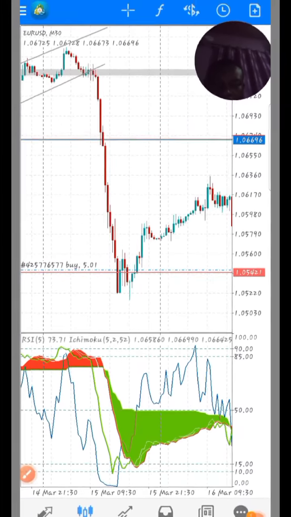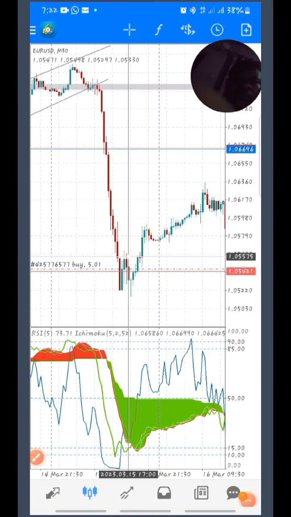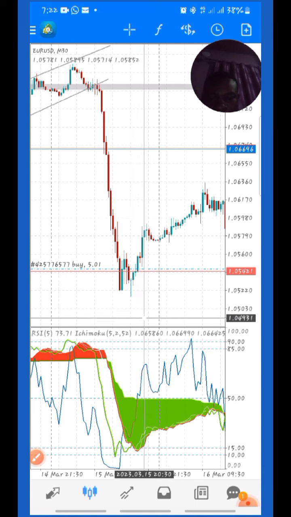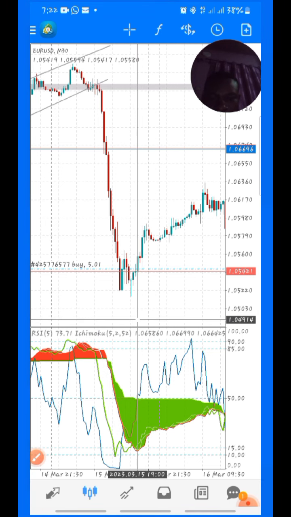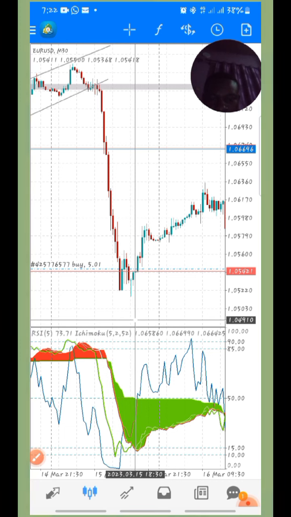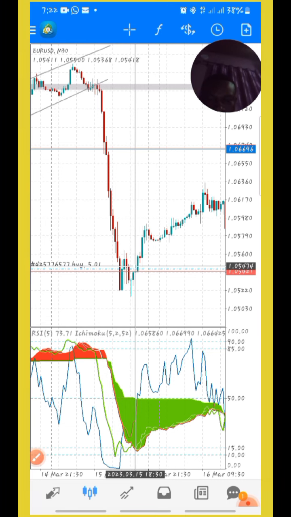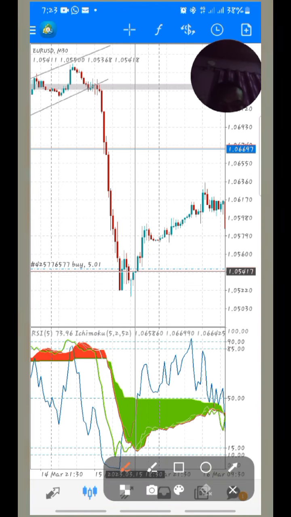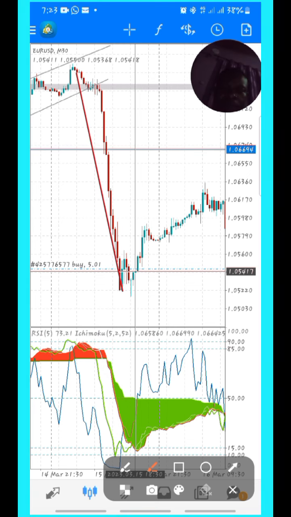Now this is the area where I took my entry. You can see where this green cloud, which is the Ichimoku cloud, and the RSI get to the oversold level. At that particular point, if you look at the candlestick at that area, you could see a doji candle.